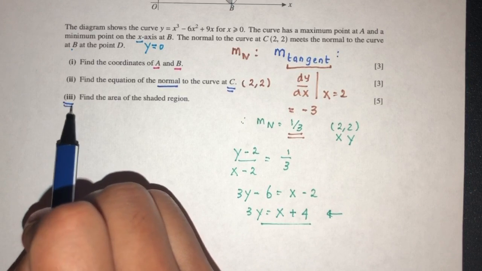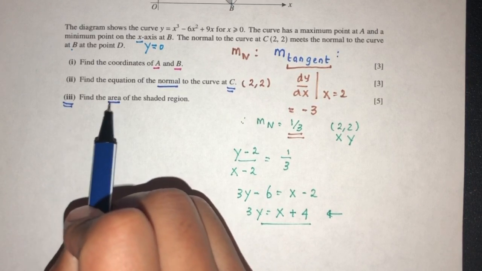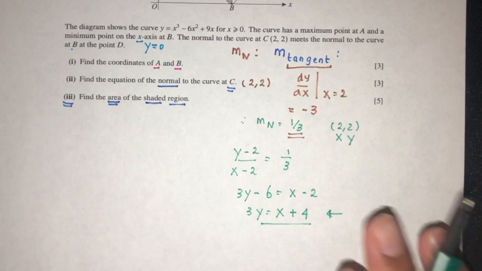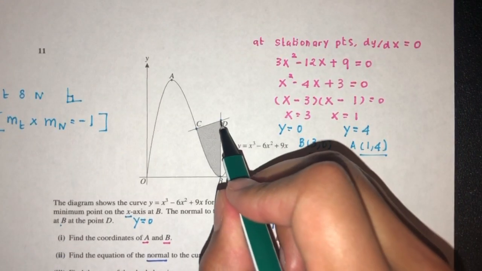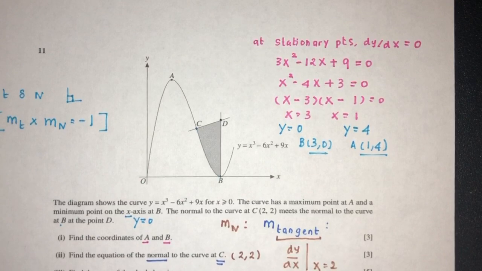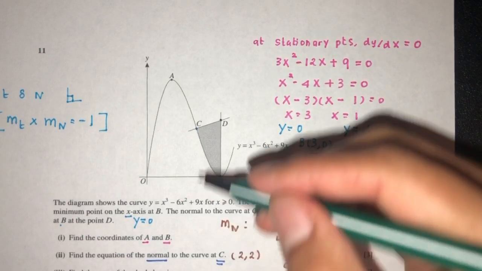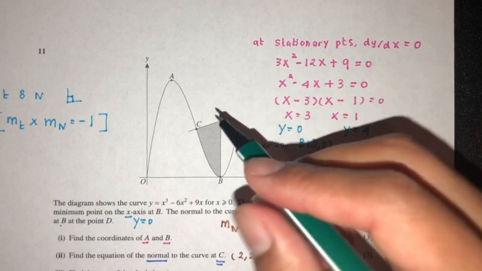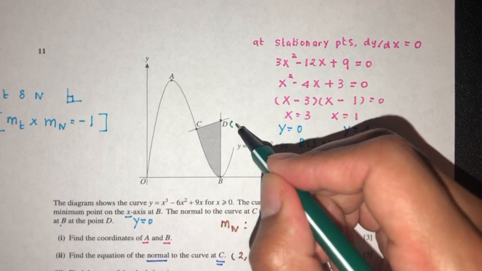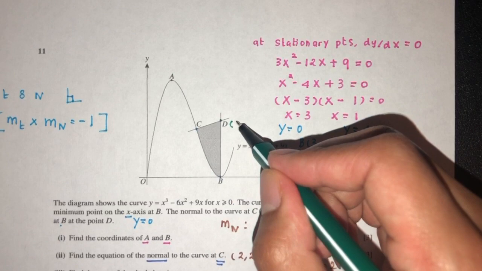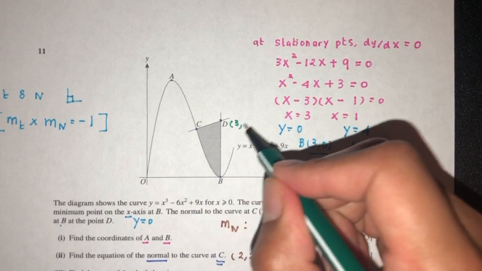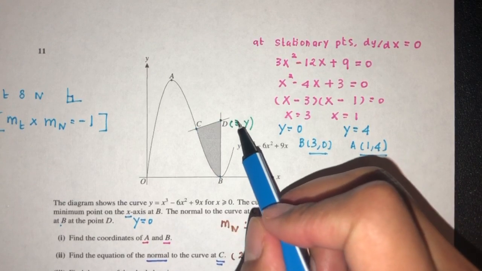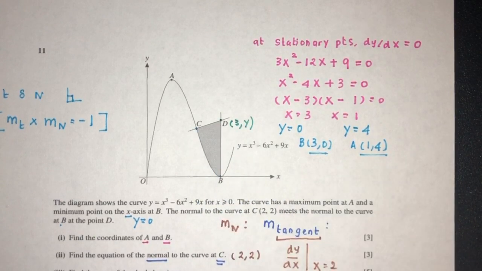Now for this one, we have to find the area of the shaded region. Okay, so before we do this, how about we find the point D? Now we know that the line BD is vertically upwards, as we can see here. We know the x value of D will have to be the same as B, which is 3. So what is the y value? Let's find out. Replace the value of x in this equation here to find the value of y.